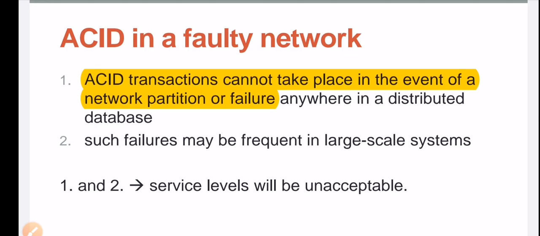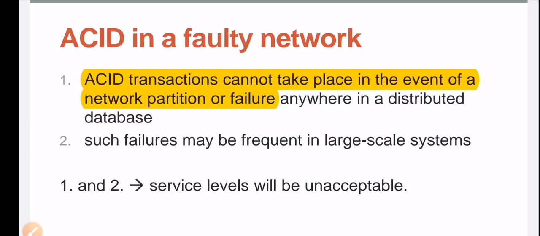Data visible to some clients may be temporarily out of date. In this case, out of date means not consistent anymore. Yes, they are available, but not consistent. Why? Because the data is different on both sides of the partition.